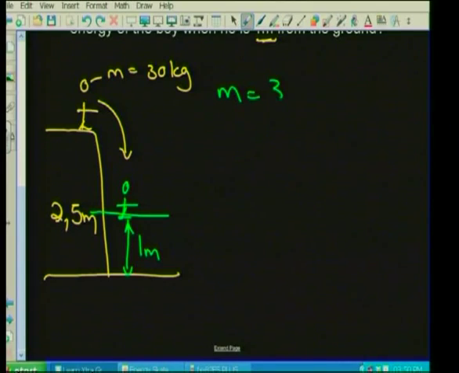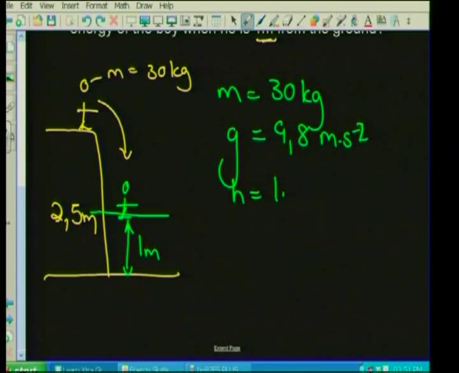Grade 10s, what you need to realize is I'm not asking you what happens to energy, okay? I'm not asking you where it goes or anything to that effect. I'm just saying to you that he jumps off, and now I want to know the potential energy 1 meter above the ground. His mass hasn't changed. Acceleration due to gravity isn't going to change. What has changed is his height.